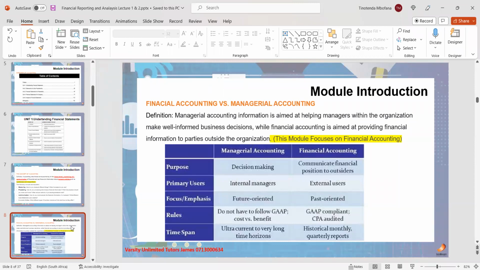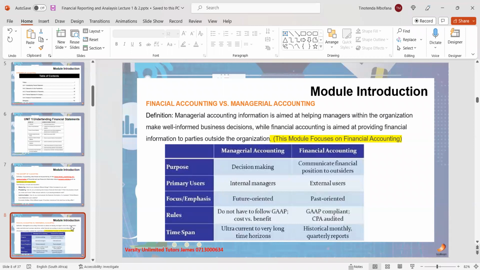So when you're looking at the financial accounting side, you're basically looking at someone who is trying to take information and communicate it to people that are outside the organization. That's why it's called financial reporting and analysis. You are reporting to people outside the organization, which means that the primary user of the information is someone outside the organization, because you are reporting to them.